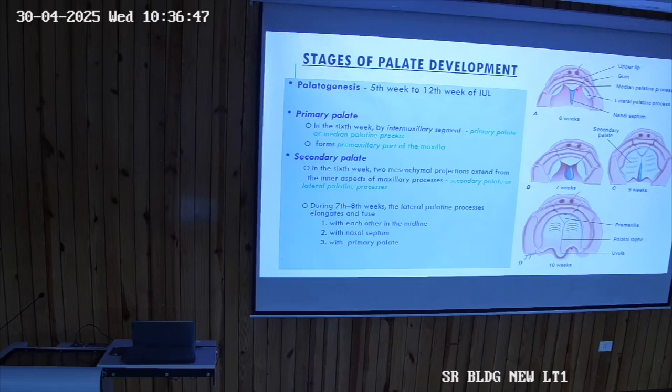This incisive foramen is the landmark which separates the primary palate from the secondary palate. So along the line of fusion, what remains here? Incisive foramina, which separate the primary palate from the secondary palate. So fusion of primary with the secondary forms the definitive palate. And how is this fusion happening? In the form of a Y. From both sides they are fusing with the median nasal process, they are fusing with each other, and they are fusing with the nasal septum.